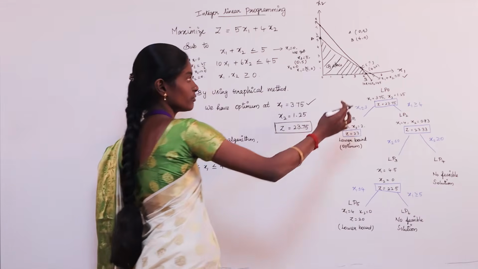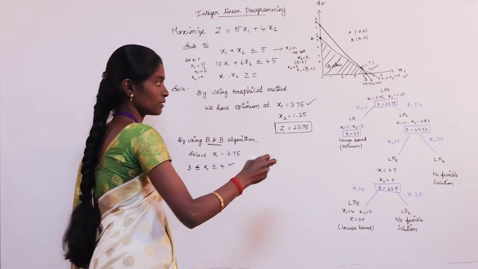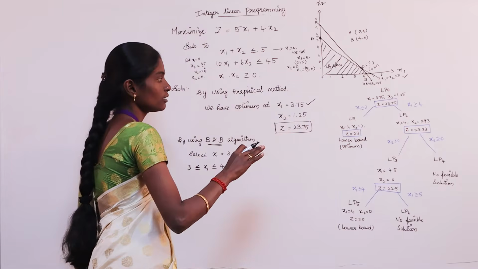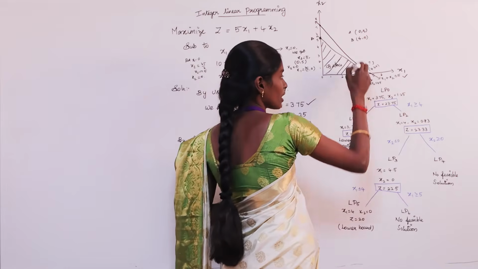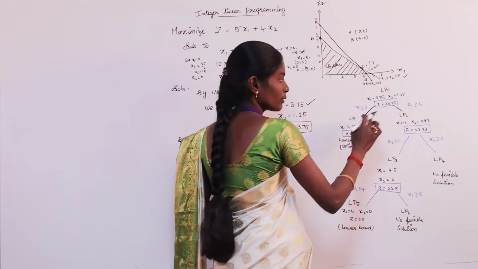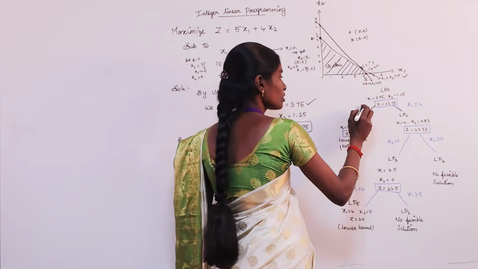In the same way, the LP0 space can be split into two spaces now. That is, x1 should be either 3 or 4. So we have these two branches, that is LP1 and LP2.